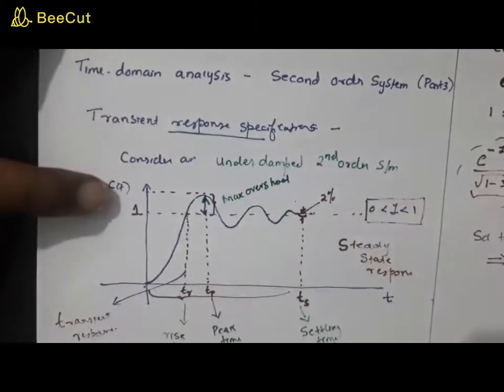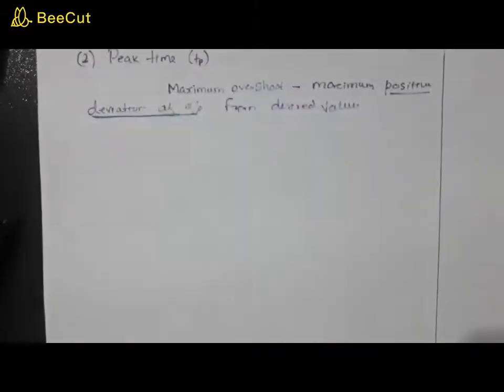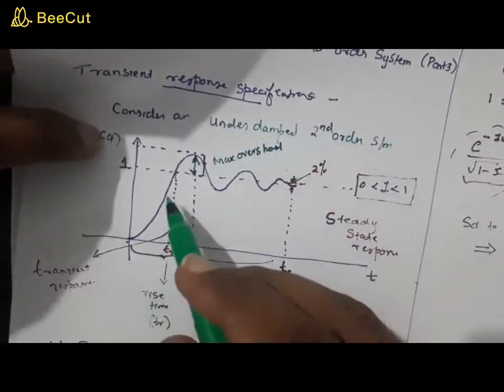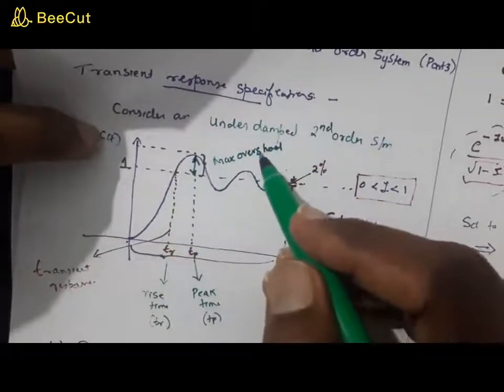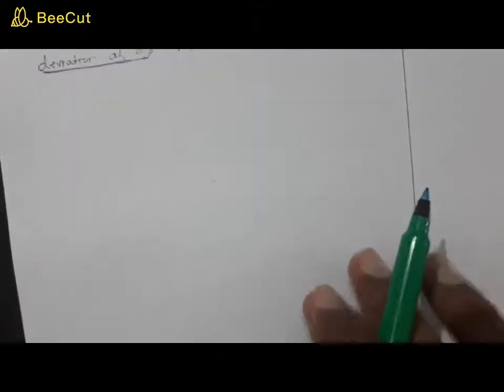Hope you understood. So now, what must be this peak time? From this, it's very simple. It is the time needed by the second order system to reach the maximum overshoot.